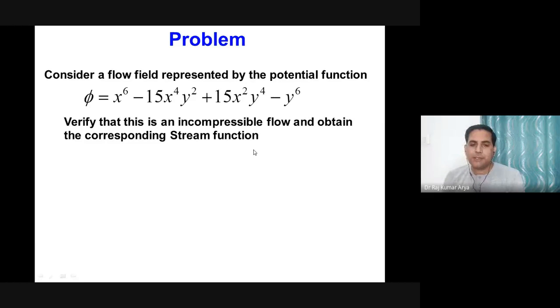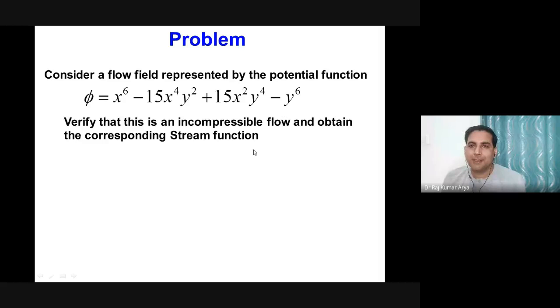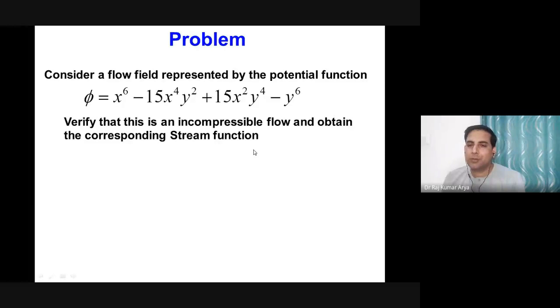Incompressible flow, what would you check? Sir, u plus v is equal to 0, prove that. What? Del dot v equals 0. No, that is not it, u plus v equal to 0 is not any rule like that.